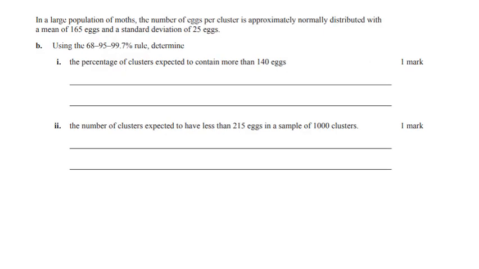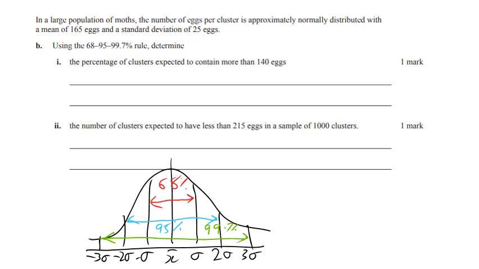Okay, so we have some important information here to note. We've got 165 eggs, standard deviation of 25, so it says mean of 165, and we're going to use this rule, which means I'm going to look at this page here because I've just drawn a very sketchy normal distribution there with the 68, 95, 99.7 rule. So if our mean is 165, and if we go plus 1 standard deviation, the next spot will be that plus 25, that'll be 190.